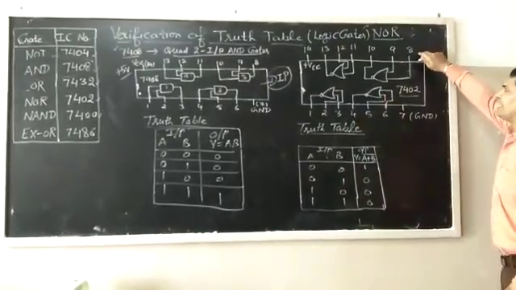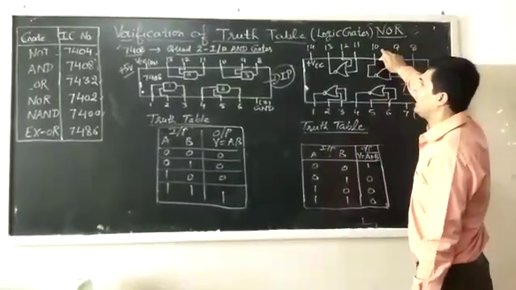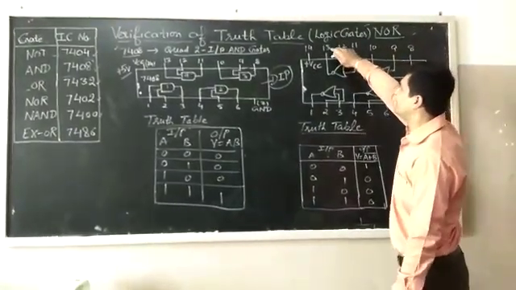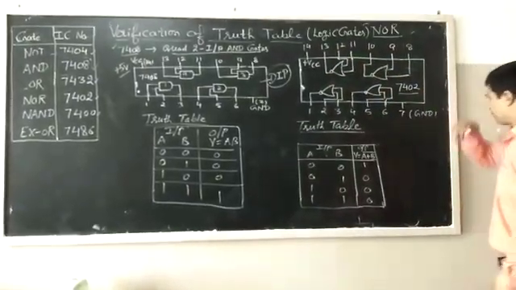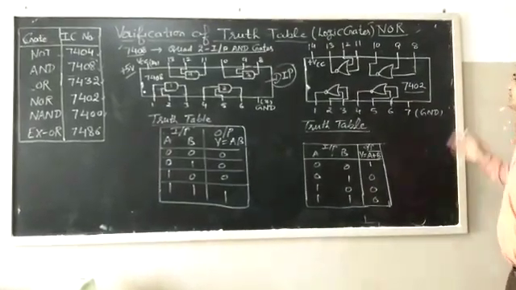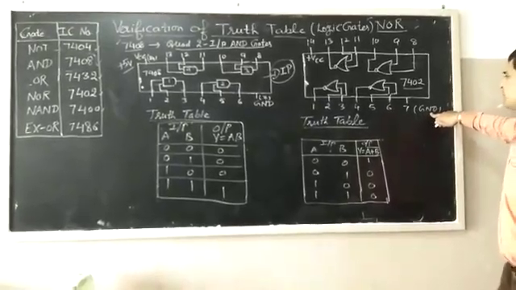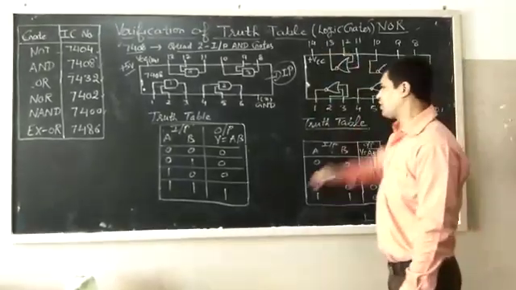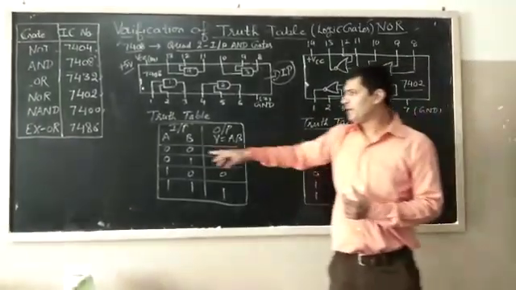At pin numbers 8 and 9 input is applied, output is taken across terminal number 10. And here terminal number 13 is the output, and 11 and 12 are used for the input. Similar to the 7408 AND gate, pin 7 is kept reserved for the ground and pin 14 is for the VCC.